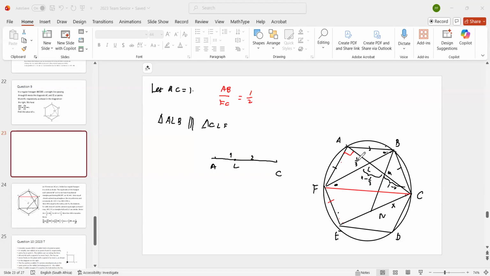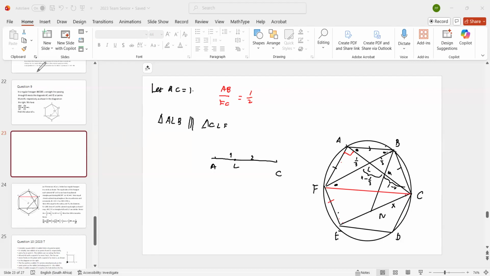Now, if this is 1/3, so is this, because you've got equal chords subtend equal angles at the circumference. So therefore, this one here becomes an isosceles triangle. If that is 1/3, this is also 1/3. And this part here is X. Now, something magical happens here.